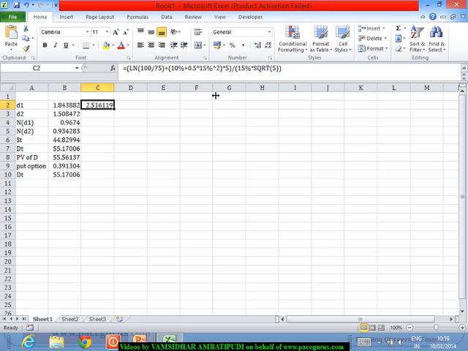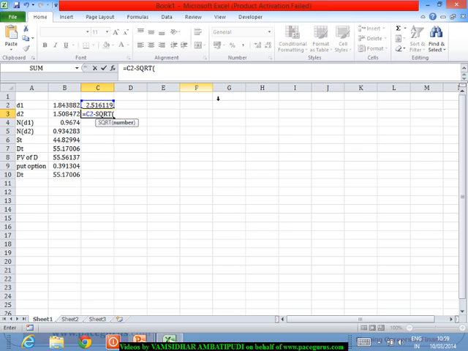It is working out to 2.51, which is the value of d1. So d2 is coming out as d1 minus sigma root t. Sigma is 15% into square root of t, which is 5 years. So d2 is coming out to be something like this.